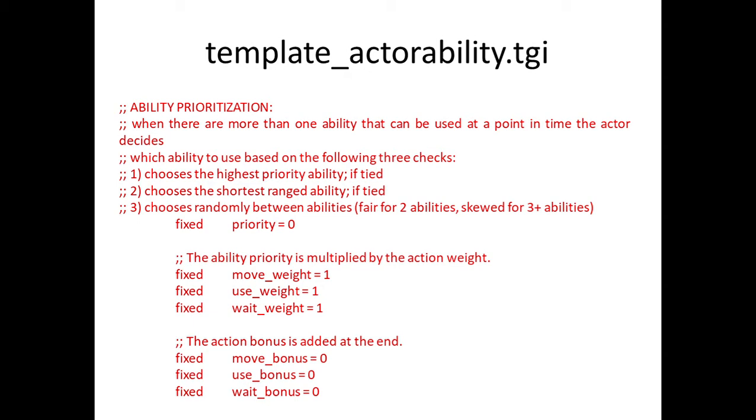Now, the bonuses are all 0 here, and the weights are what has been given prominence and numerical values, but in practice, you will find the bonuses are far more useful than any of the other values given here, including priority itself.